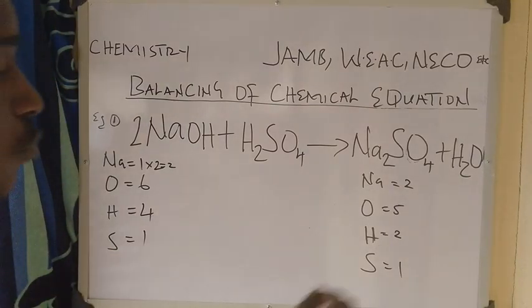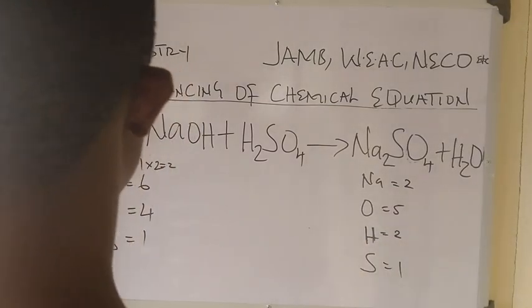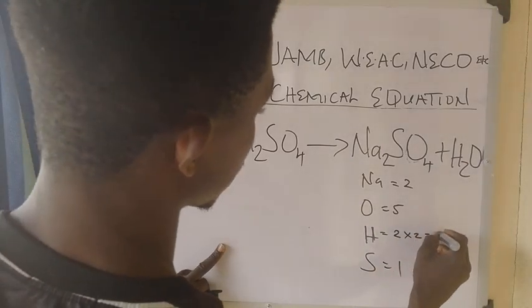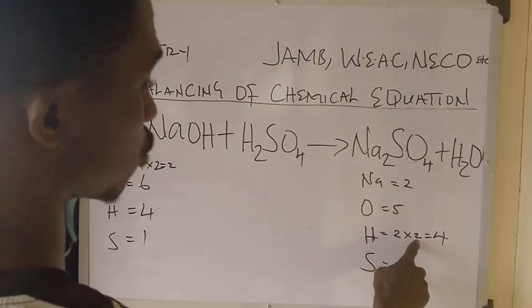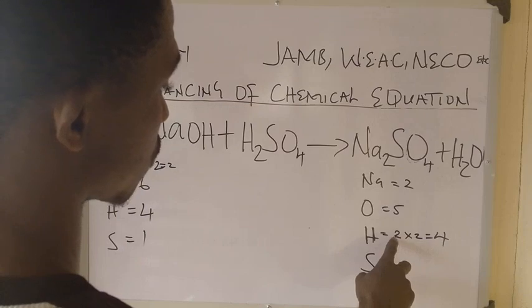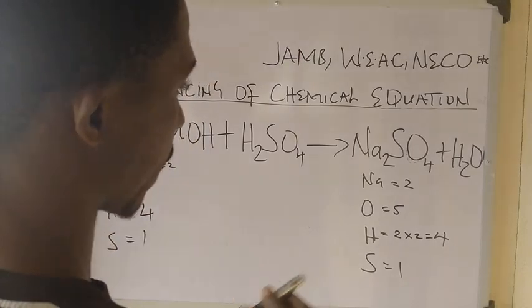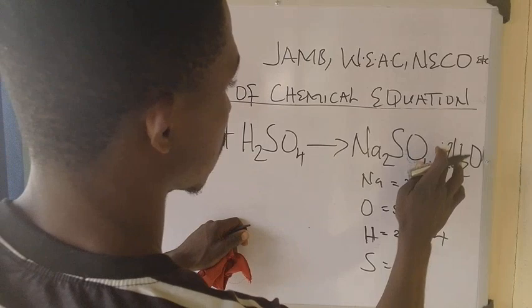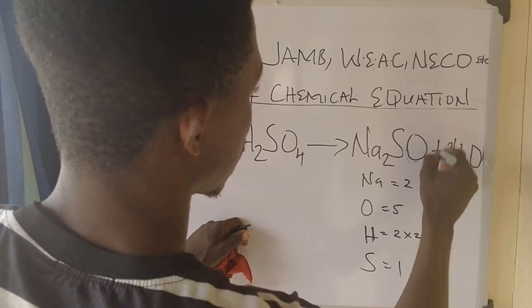So what number can I multiply this hydrogen by to make it 4 here? If I multiply this one by 2 now, it will be equal to 4. So can you see? If I multiply hydrogen by 2, it will be equal to 4. So 2 times 2 is 4. So these 2 that I multiply now, I will add to this very side. Do you get that? I'll add it to here.